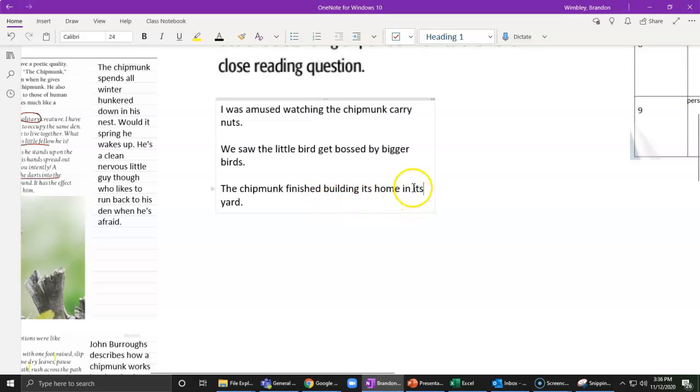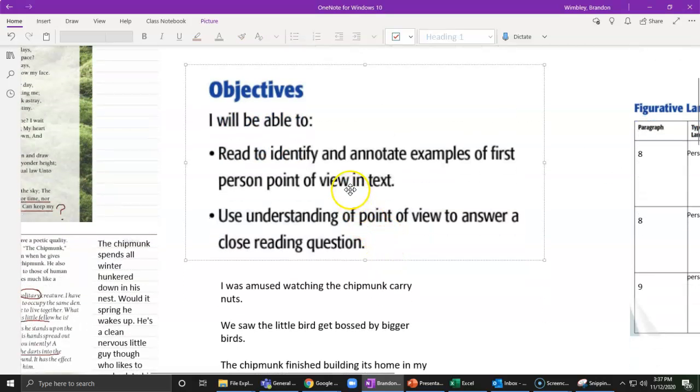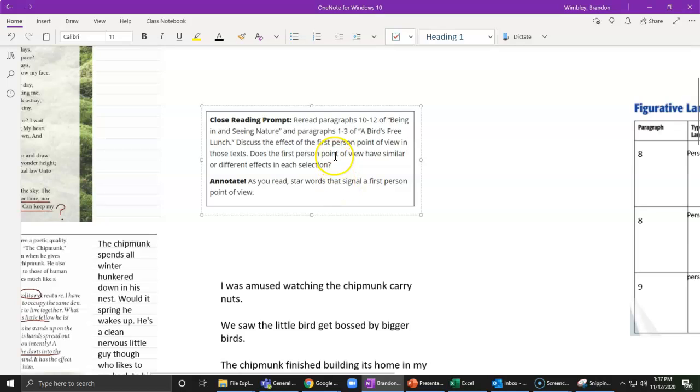And it's this part, its home in its yard. We could change it to something like it's my yard. So now you're part of that story. He's in your territory. So remember, that's how we decide what's first person, is when we use words like I, we, my.